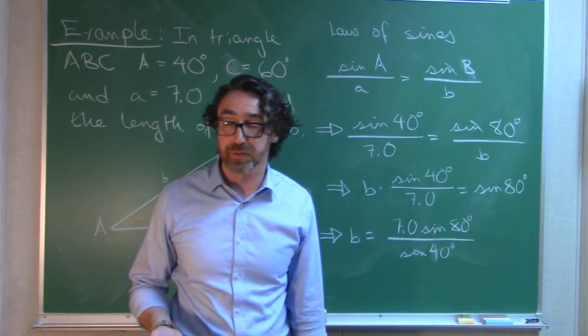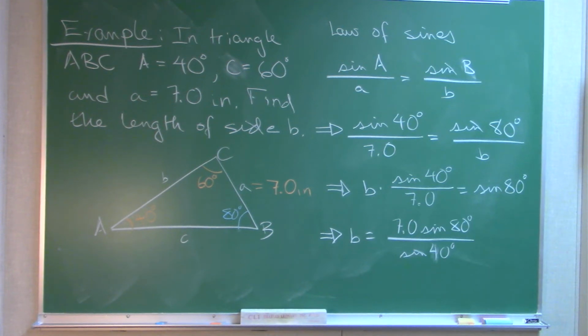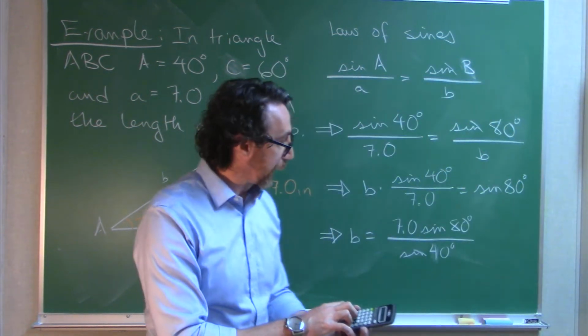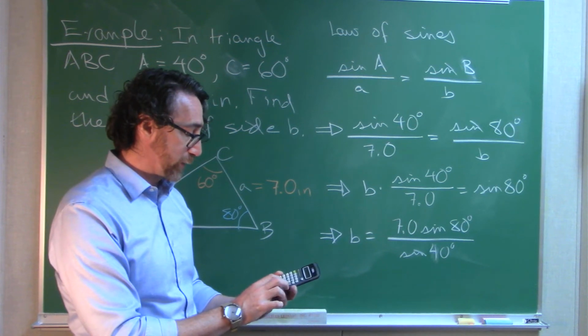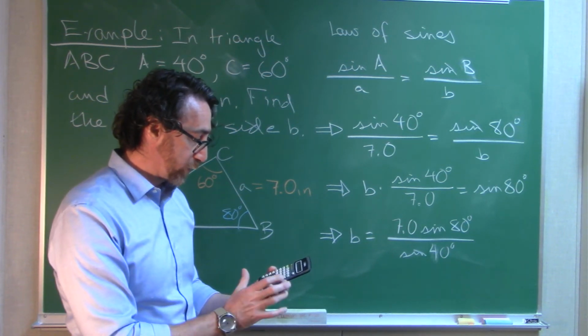And at this stage, we can use our calculator. I'll crunch the numbers here right quick. So I will take sine 80. On this calculator, I have to do the 80 first, then hit the sine. Multiply that by 7, divide by 40, sine, equals.